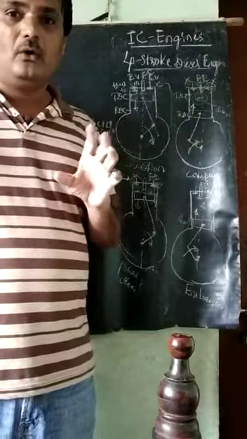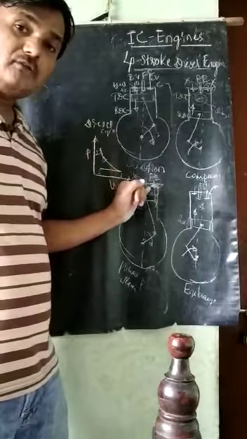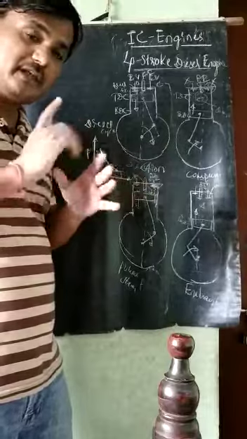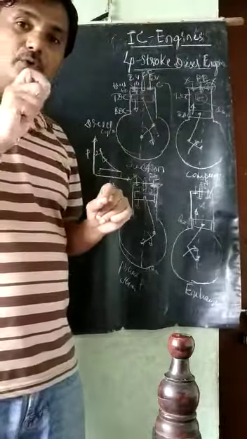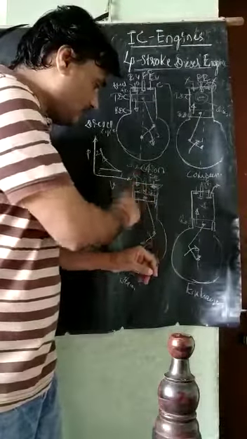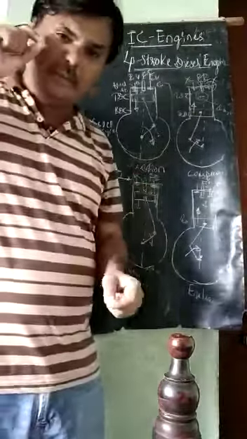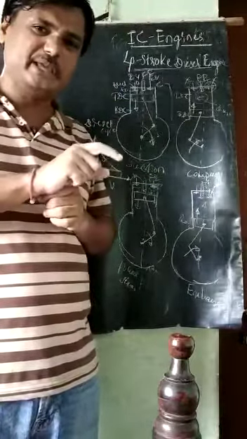The only thing required is fuel, because only highly compressed air is available. In the diesel engine, fuel is required. Through the fuel injector, in this power stroke, fuel will be injected with a high pressure.